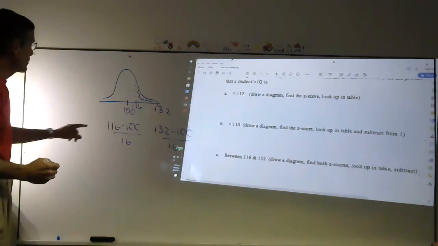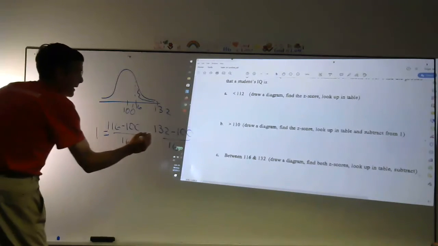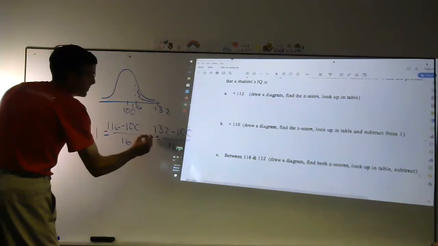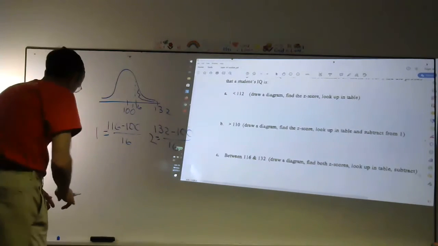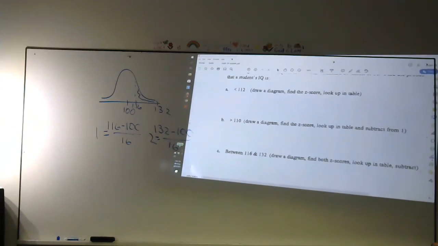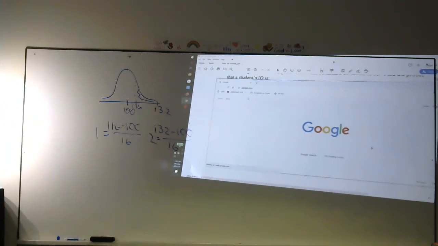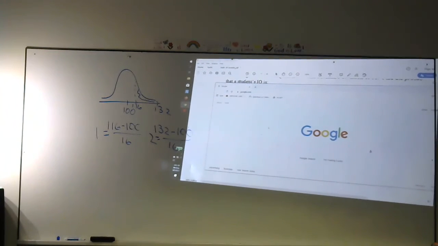All right, let's get them both. This should be pretty easy. 16 divided by 16 is 1. And over here, this is 32 divided by 16 is 2. So now let's go back to our chart. And did I lose it? Oh, shoot, I lost it. So let's find z-scores again. Sorry.